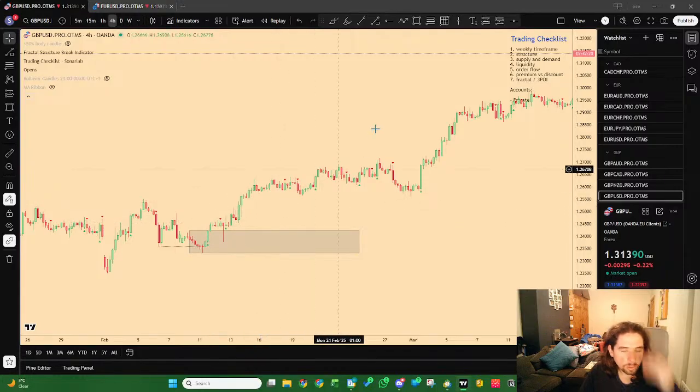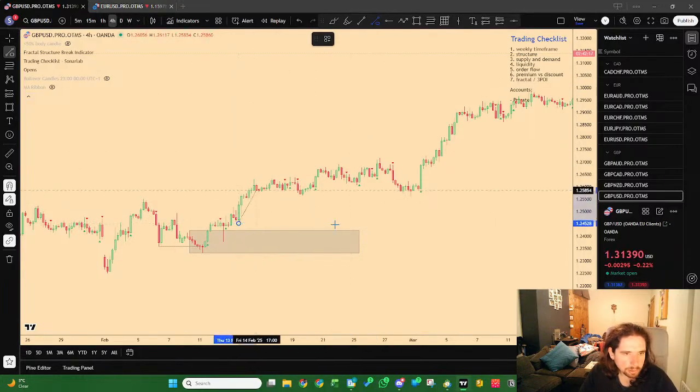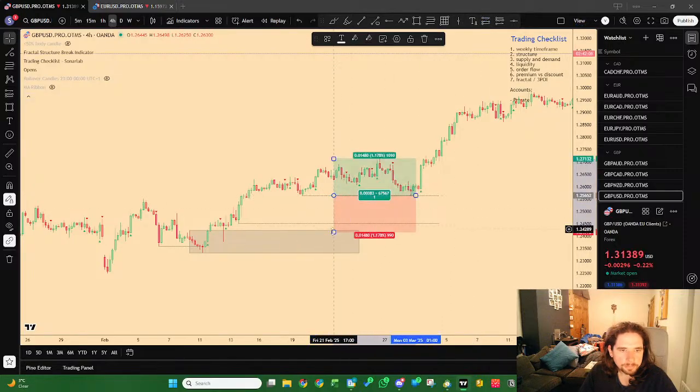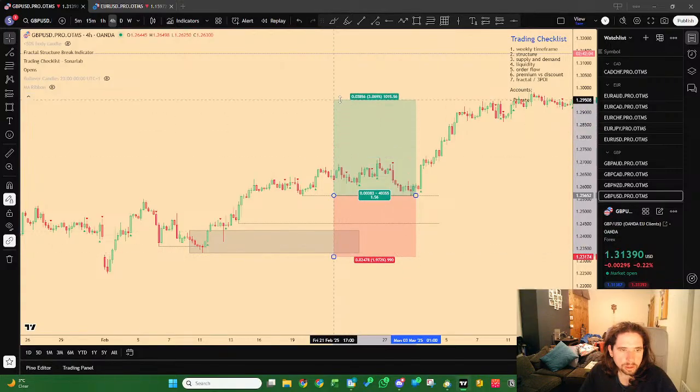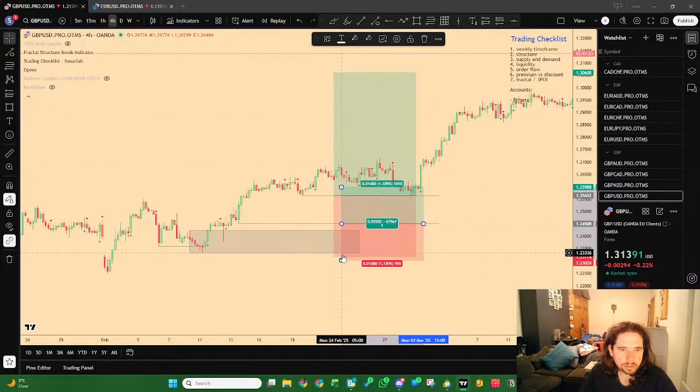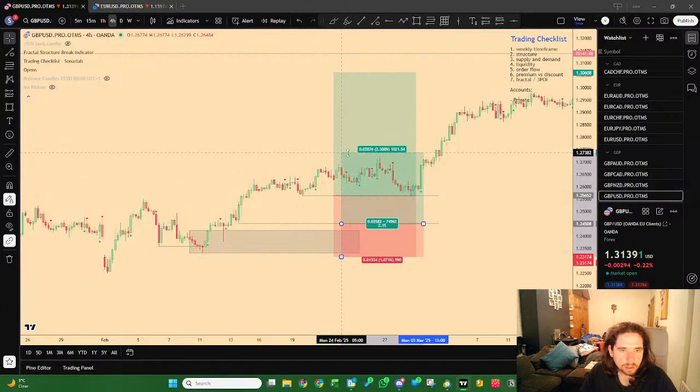Then you build up liquidity here, and you also build up liquidity here. So what you could do is put in an order here, targeting a 2 to 1, and you put an order here, which obviously wouldn't take place.